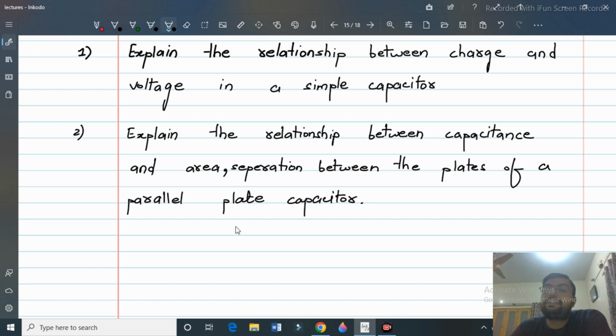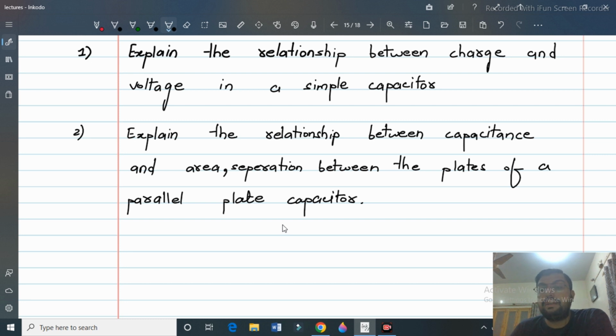What is a capacitor? Just see, if the water supply is not continuously coming to our home, what do we have to do? We have to build a tank in our building, in our Bangalore, to store the water, and it contains some potential energy.